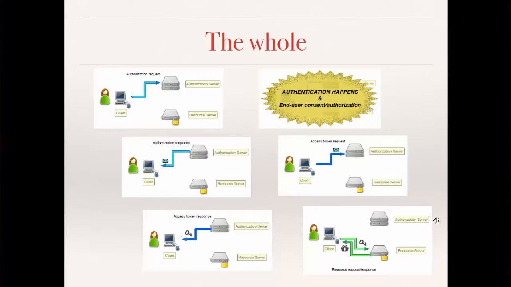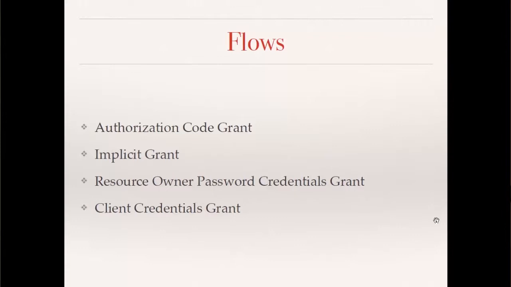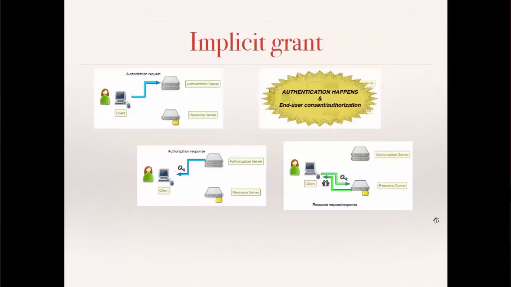And this is the code flow. As you said, there are different types of flows. So you have the authorization code, the code flow, and then you have implicit, resource owner, and client credentials. Implicit is actually sort of you're skipping part of the steps.